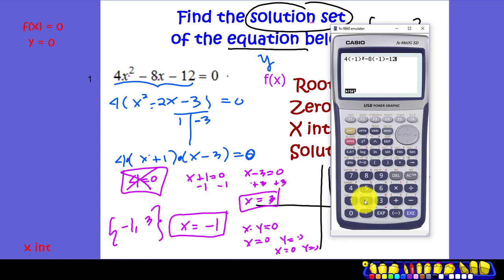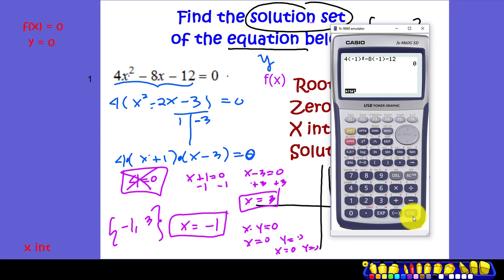So when you solve it, it's actually equal to 0. Indeed, our x equals negative 1 is correct answer. You can also plug in your 3 to your x, and you will see that it's also equal to 0. Okay? So that's how we solve solution set.